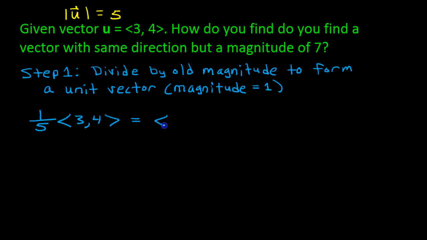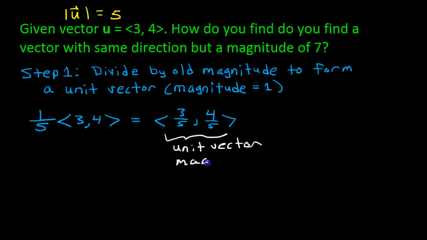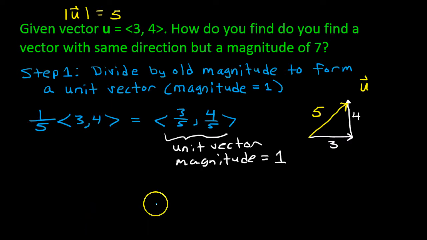This is going to make a new vector, 3/5, 4/5. Side note, this vector has a magnitude of 1. This is a unit vector. Remember vector u with the components right 3, up 4, magnitude of 5.